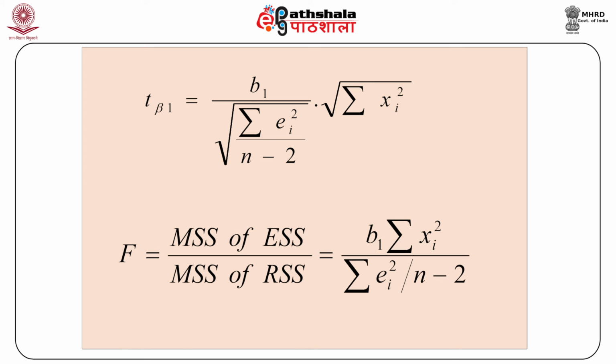However, the F statistic is given by F is equal to MSS of ESS upon MSS of RSS, which is equal to b1 square multiplied by sigma xi square, upon sigma ei square divided by n minus 2. This value is clearly the square of t(beta 1) obtained above.